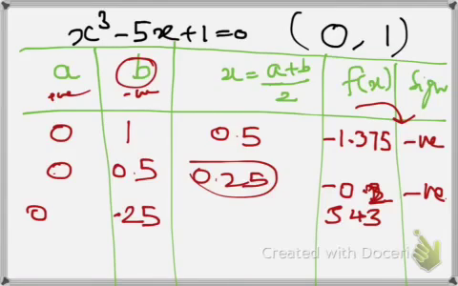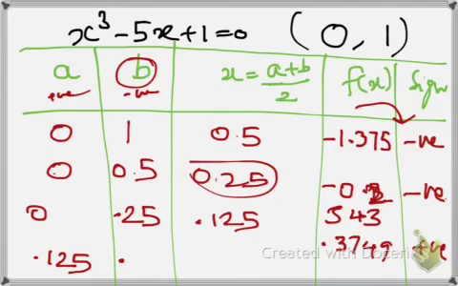Now the average is 0.125, and the value is 0.3749, which is positive. So we replace a with 0.125, and b is 0.25.